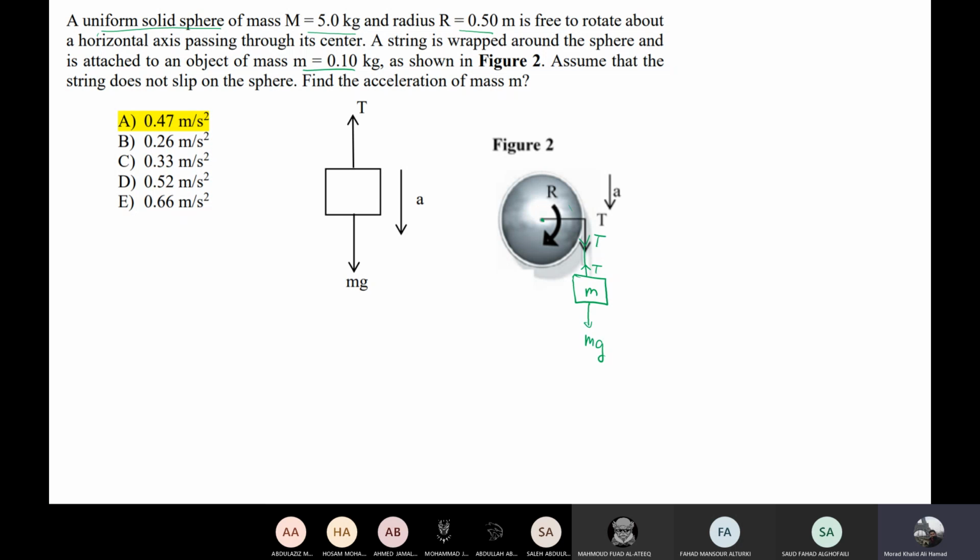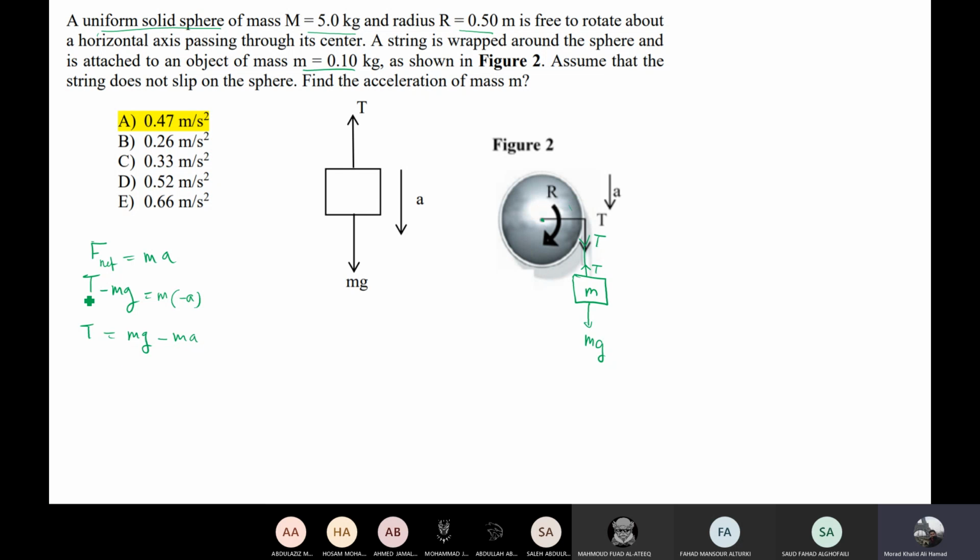For the first particle, the acceleration will be in this direction. It is given, so it is minus. For the particle, F net is equal to ma. So tension minus mg is equal to m times minus a. Just rearrange it. So tension is equal to mg minus ma.